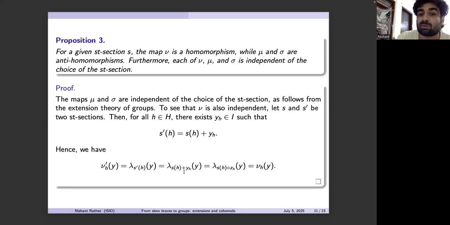Using the skew brace property, you can always transform this plus operation into the circle operation, and still this z h will be in I. Using that I is a trivial brace, this action is just the identity. You are left with nu h y. So this shows that these actions are independent of the choice of the section.